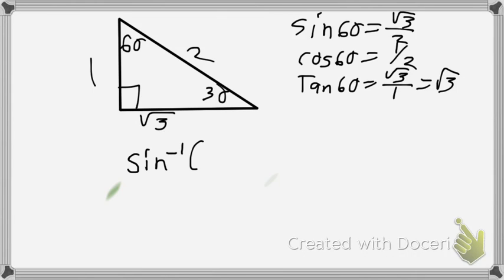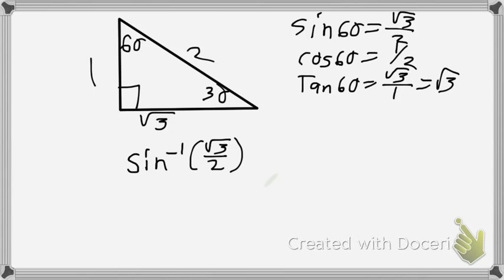Instead of sitting there and saying, what is the constant ratio of the side opposite 60 over the hypotenuse, and that'd be the sine of 60, we are now going to ask our calculator, hey calculator, what angle would give me a sine of the square root of 3 over 2? And so that's what the inverse sine is.